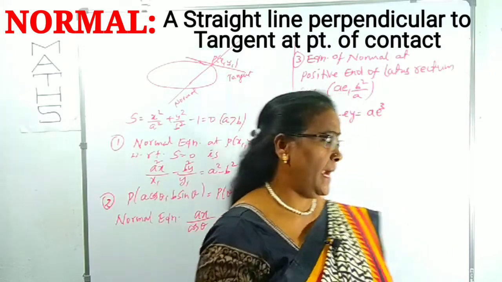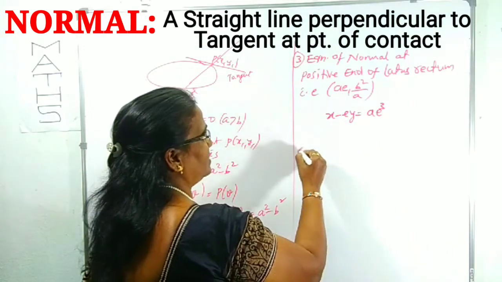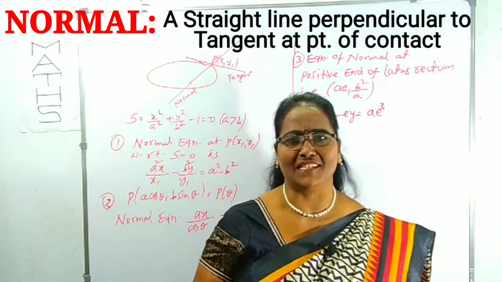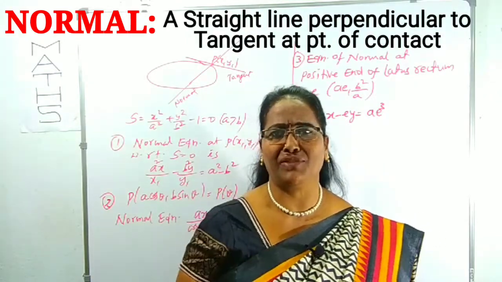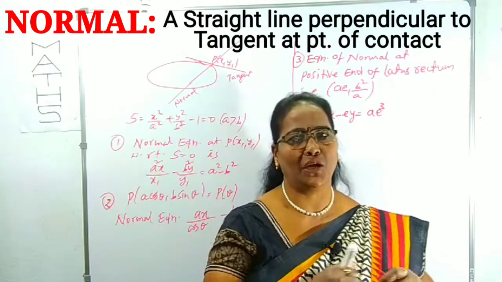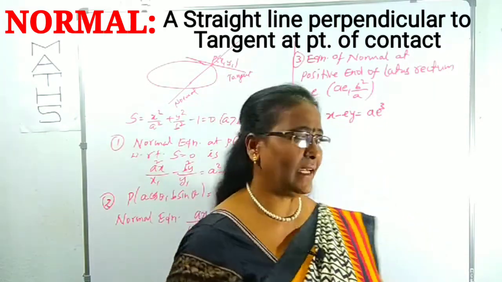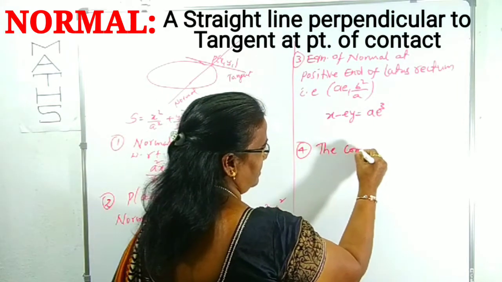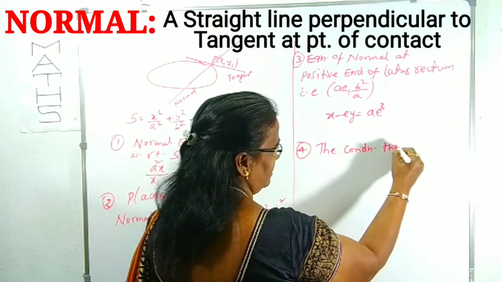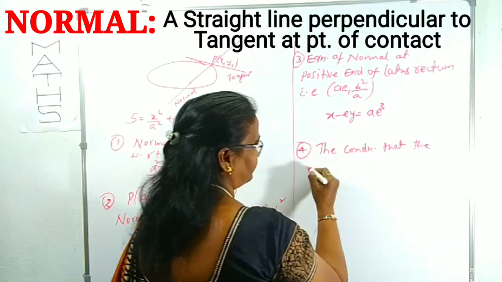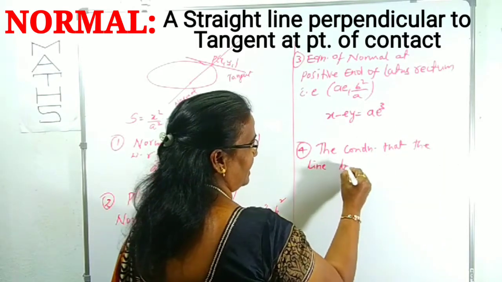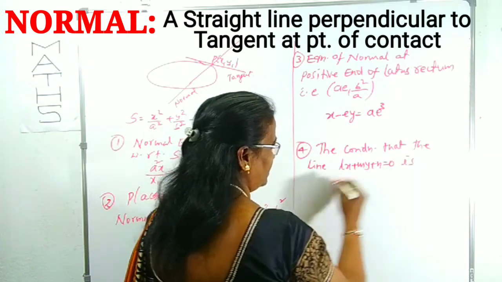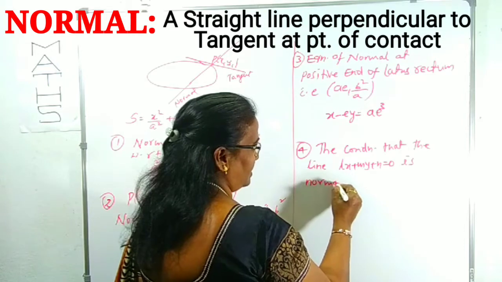Clear? Now, we can come across a condition if the line is normal to the ellipse. We have to know what is its condition. The condition that the line Lx plus My plus n is equal to 0 is normal to the ellipse.